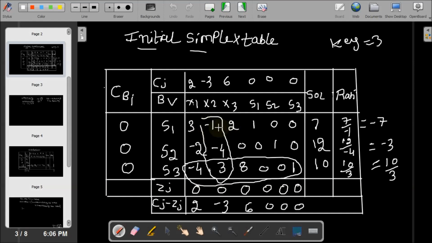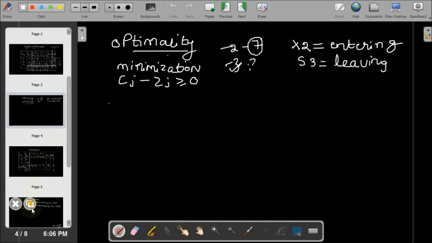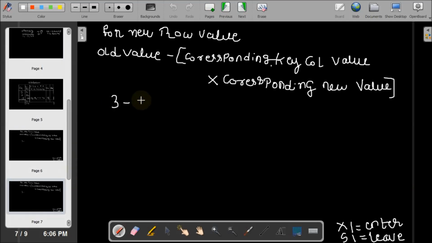For every other element, the key column value will remain the same. Only it will change for S2, right? So the key column value is -1. So I will take up 3 minus -1.